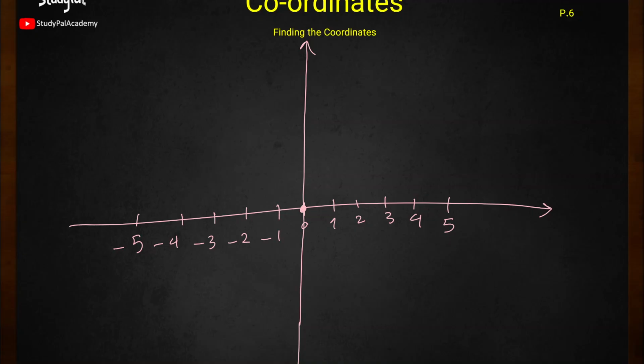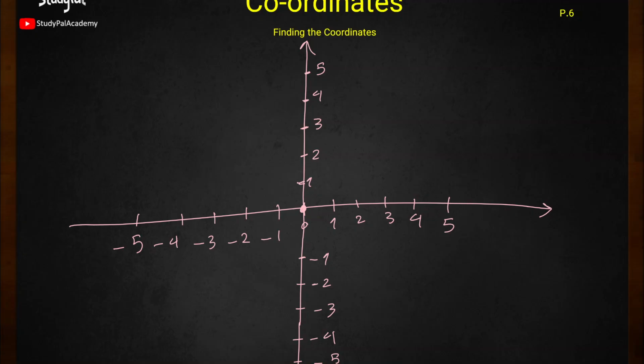Again, this can be 1, 2, 3, 4, 5, and this can be -1, -2, -3, -4, and I don't have space for -5, but anyway. So now you have two number lines, and you can specify numbers on these number lines.